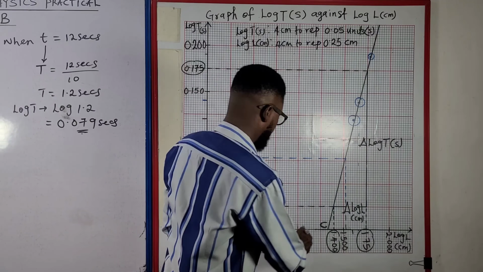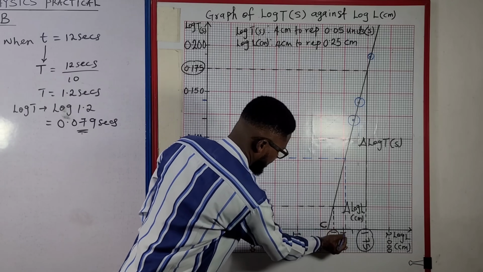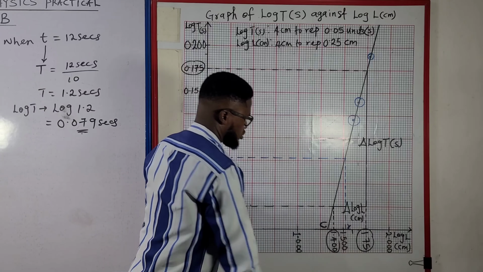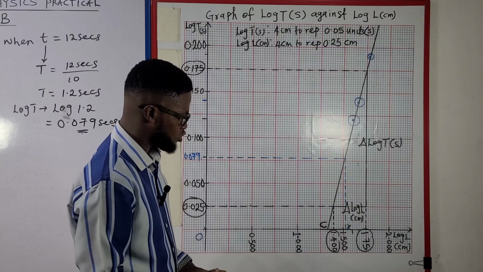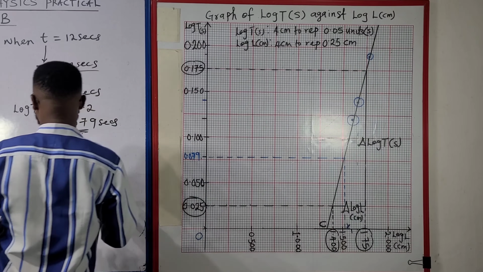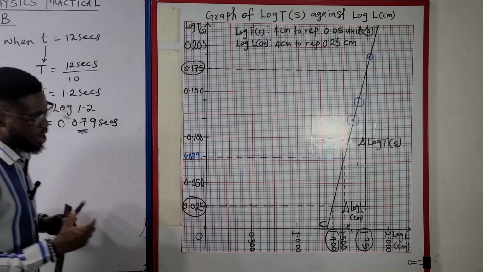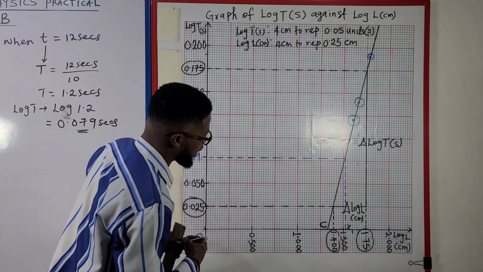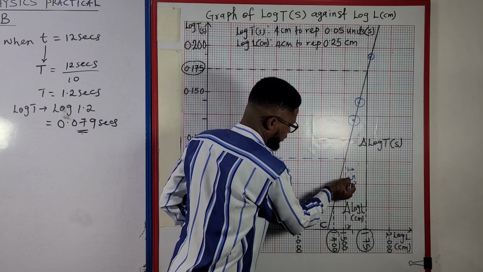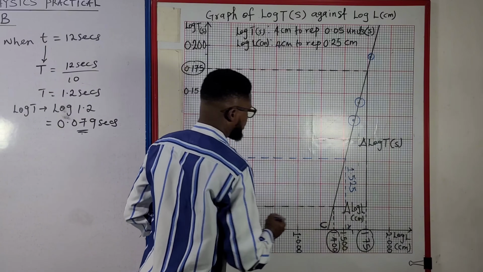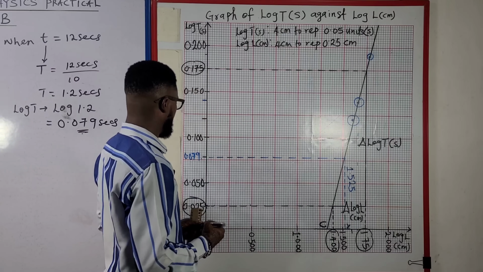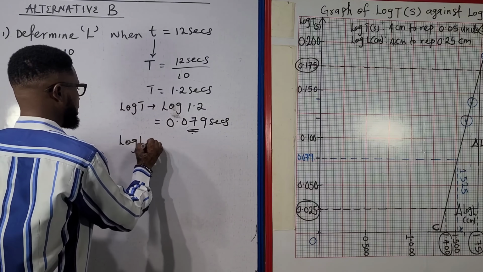This is 1.50, and just a single hole after 1.50, so that is going to be 1.525. If we trace this downward, this is 1.525. So that's what our log L is going to be, 1.525.